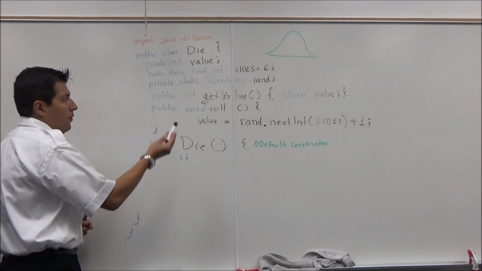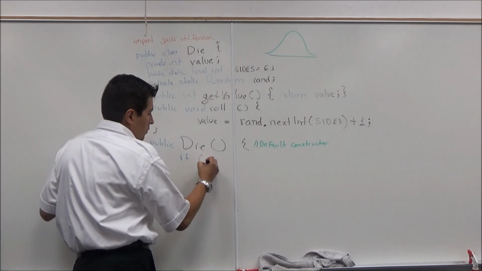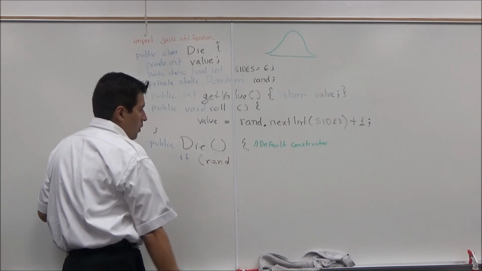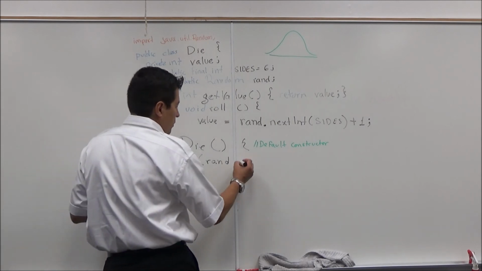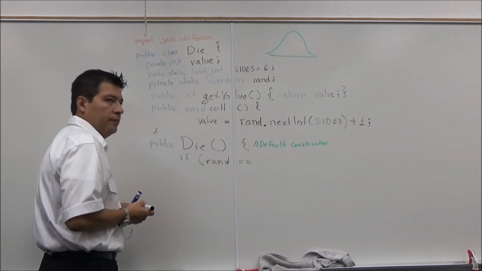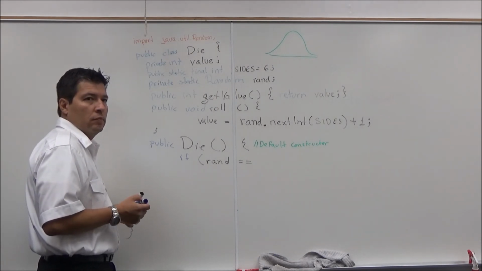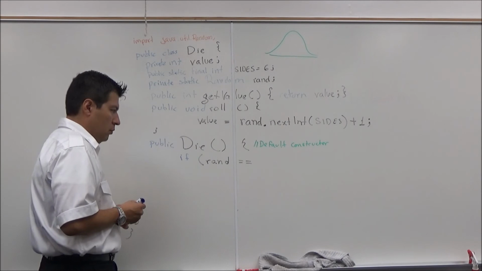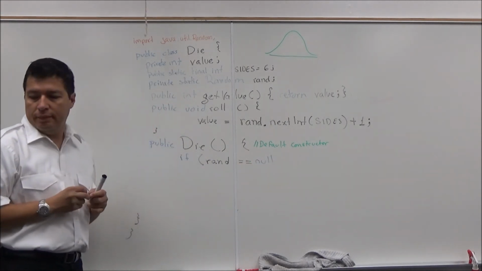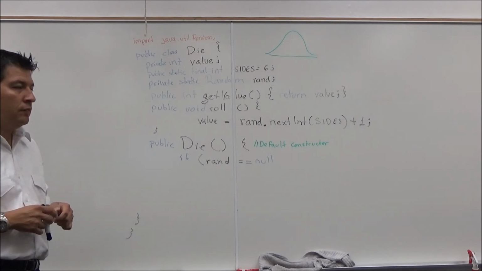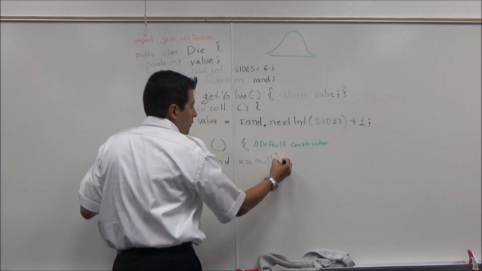And then you're going to see if the random exists or not, right? So if random equals what? Just null. If random is null, guess what?